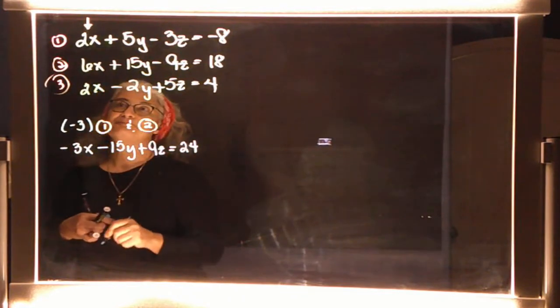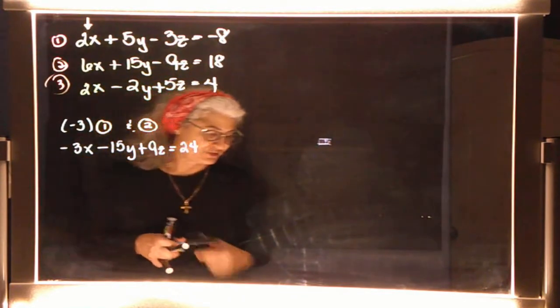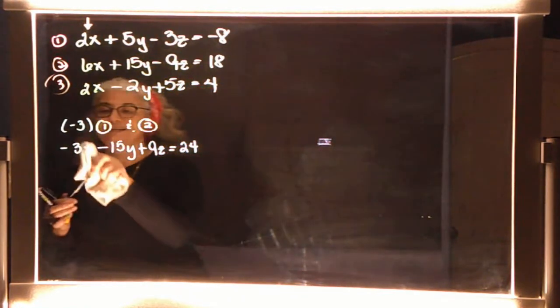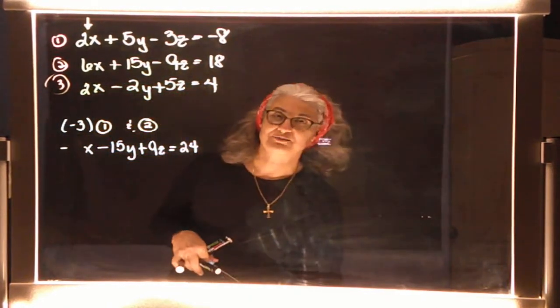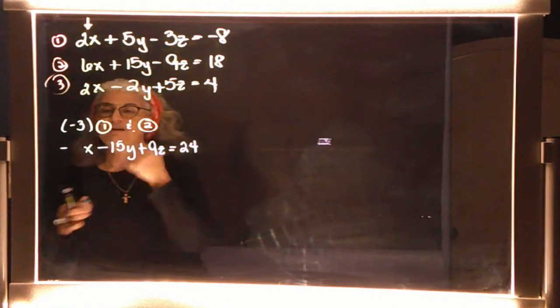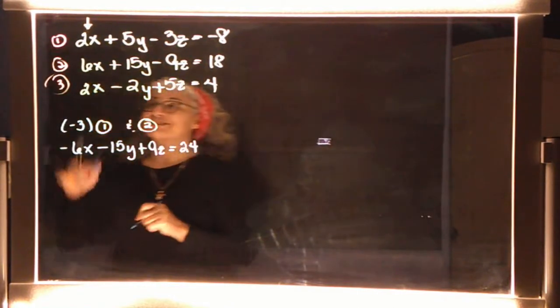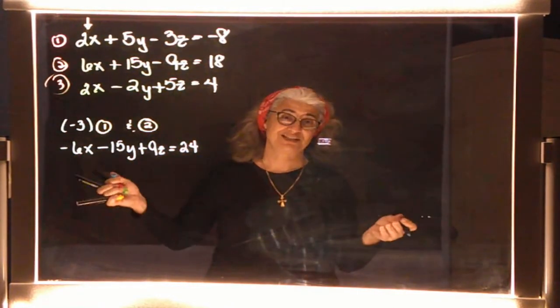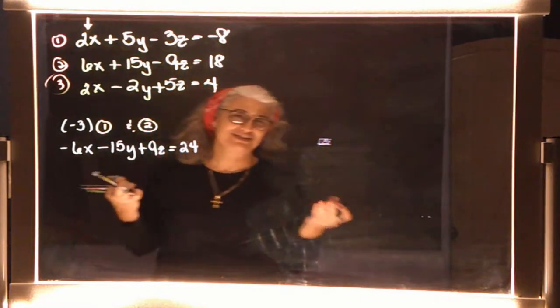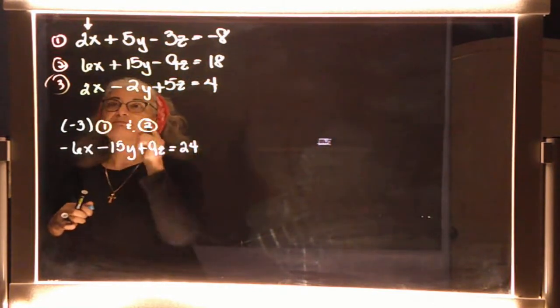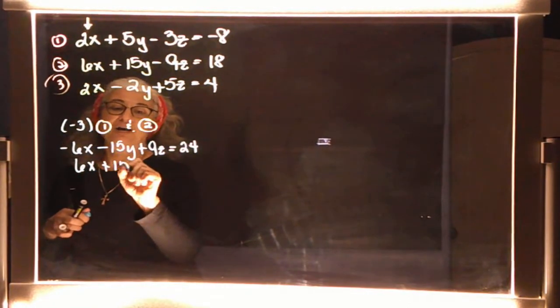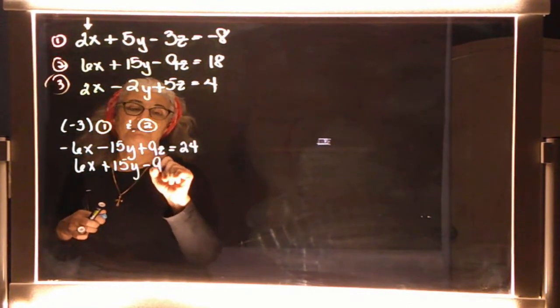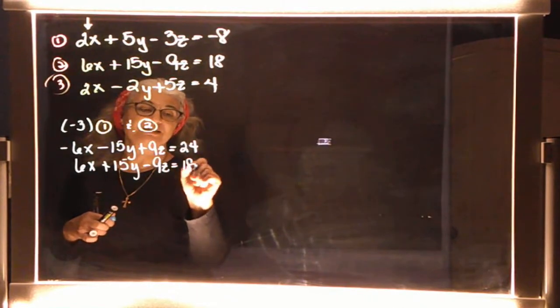Oh my goodness. Did you guys not catch that? Yeah, that wasn't a -3. I know some of you are saying, but I told you. Okay, hang in there. So it's -6x, right? Because 2 times -3. Sorry about that. See, that's why I need you doing it with me. All right. Second equation is a positive 6x, a positive 15y, a minus 9z equals 18.